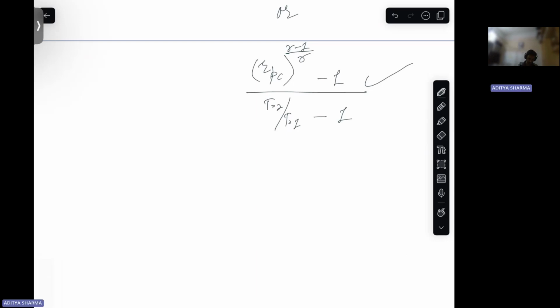This one has a given example. So RPC is shown like this.